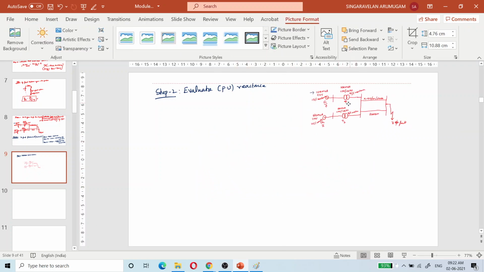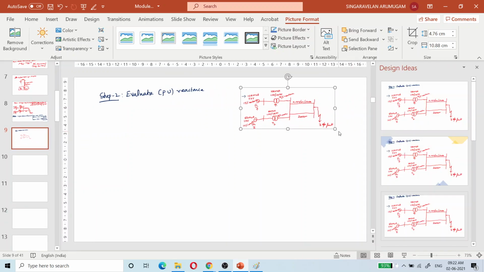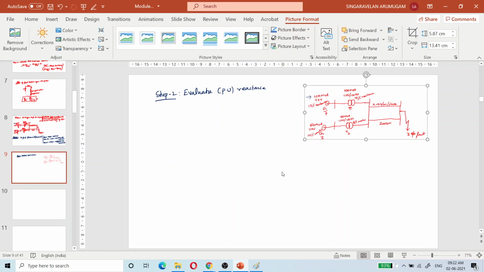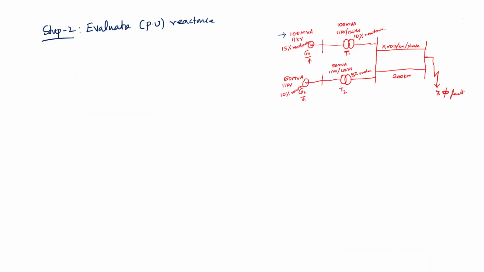We'll keep this as reference for solving. By seeing the question, you can see what components we have here: G1, G2, T1, T2, and one transmission line. For all of these, we are going to find the per unit reactance. Let me start with G1 first.